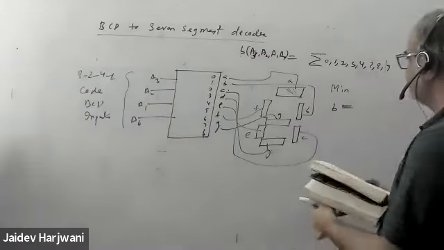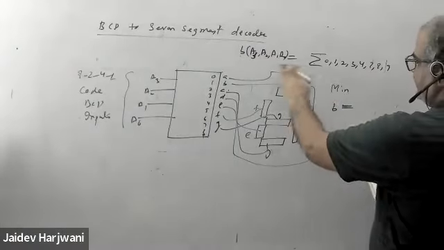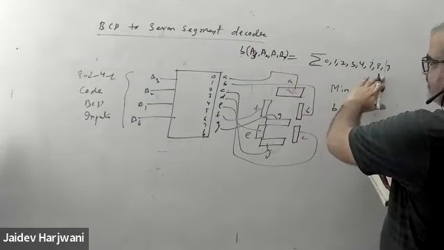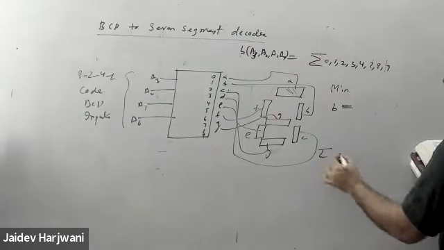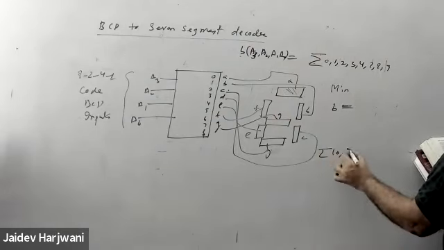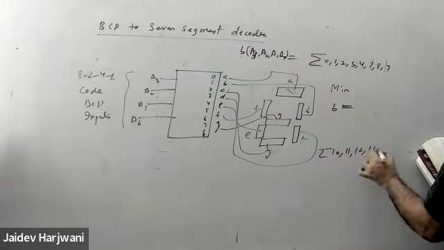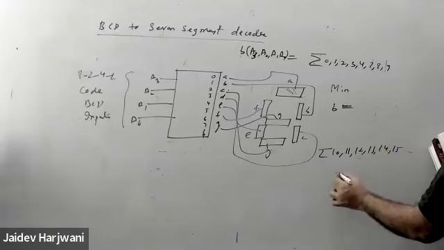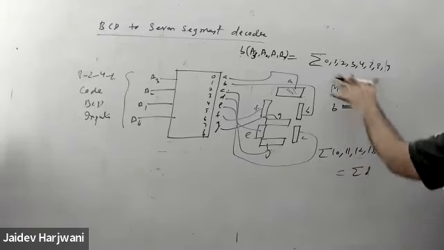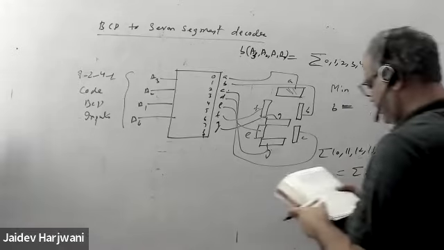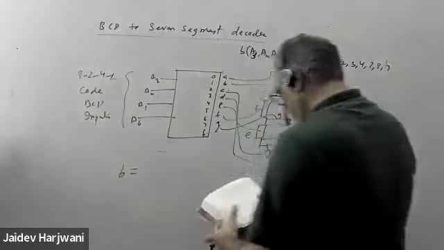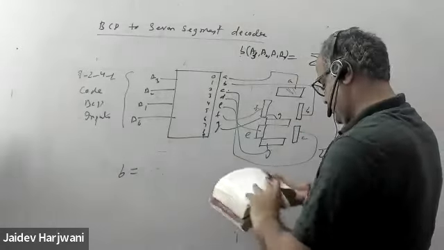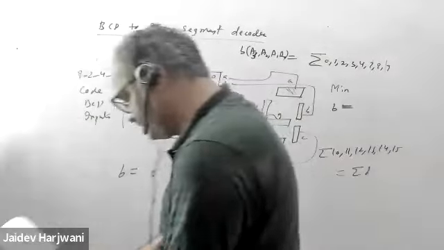Taking these as the min terms 0 to 9, the remaining terms 10, 11, 12, 13, 14, 15 are don't care conditions, and these are my inputs. If I solve the K map, what do I get? What is the B value?